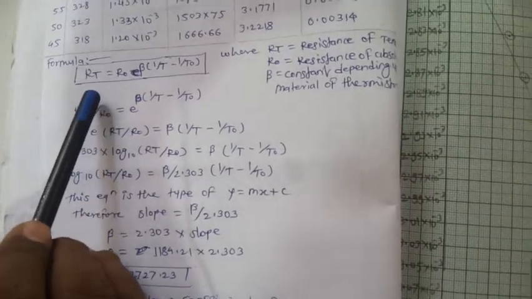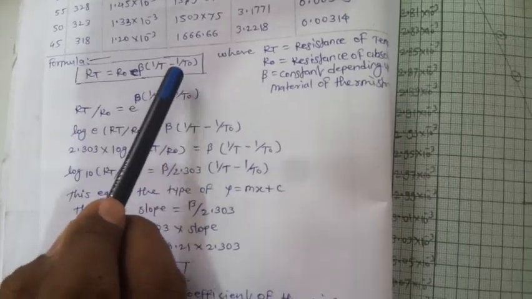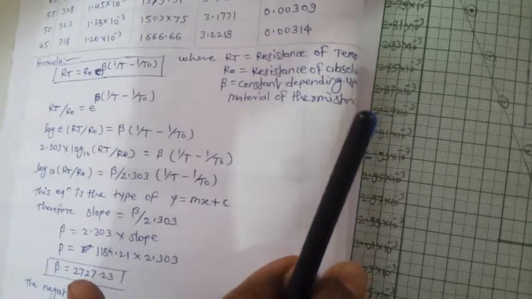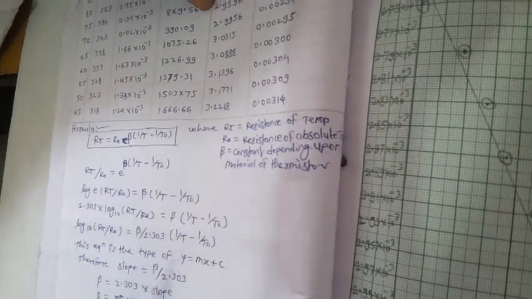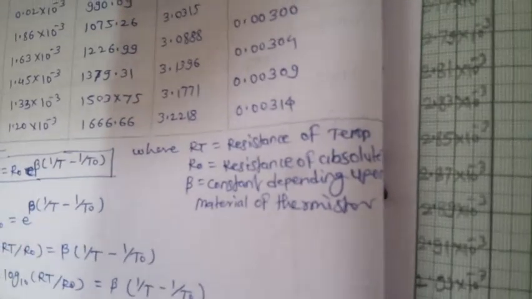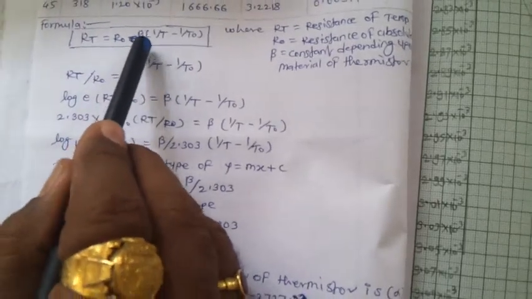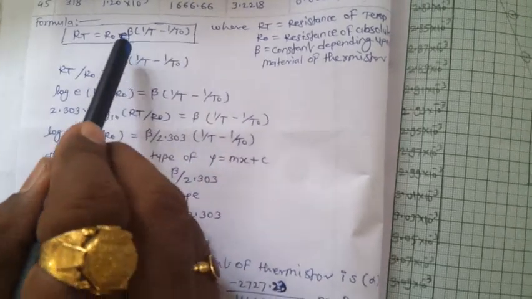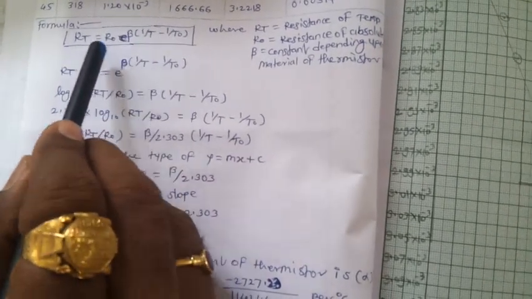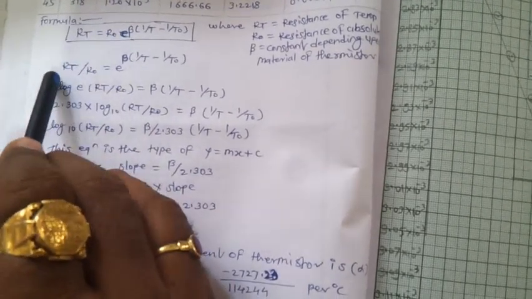The formula is RT equal to R0 e raised to beta into bracket 1 upon T minus 1 upon T0, where RT is the resistance at temperature T, R0 is the resistance at the reference temperature T0, and beta is a constant depending upon the material of the thermistor. We shift R0 to the left-hand side.